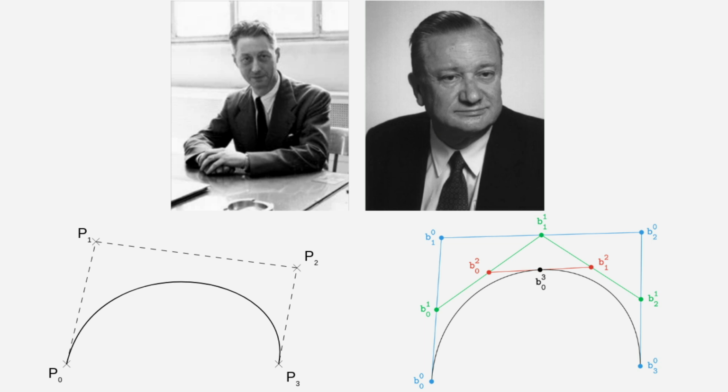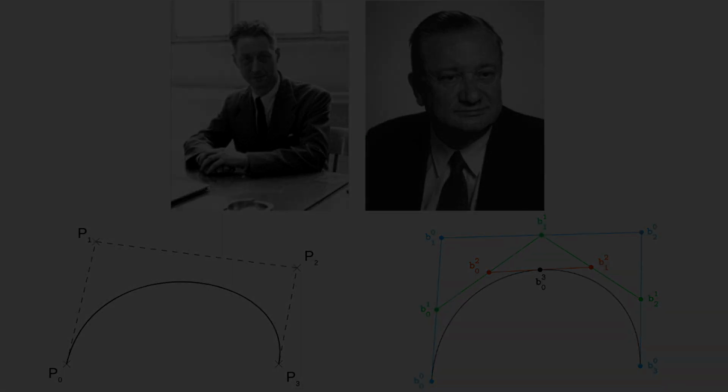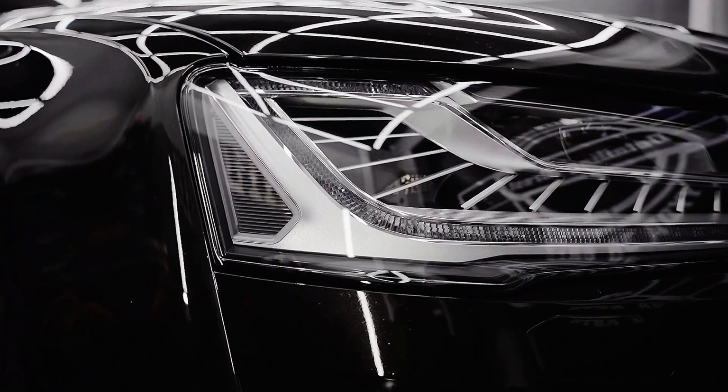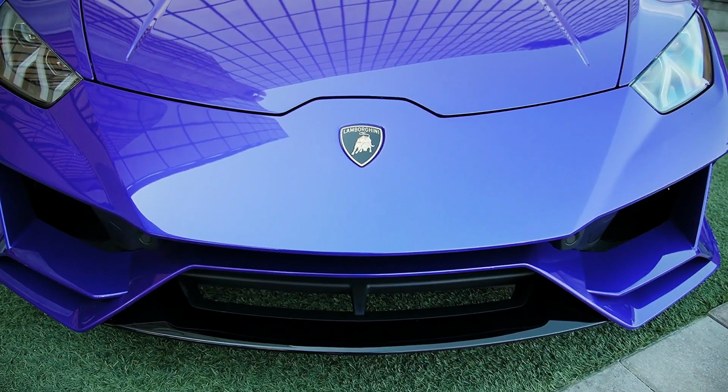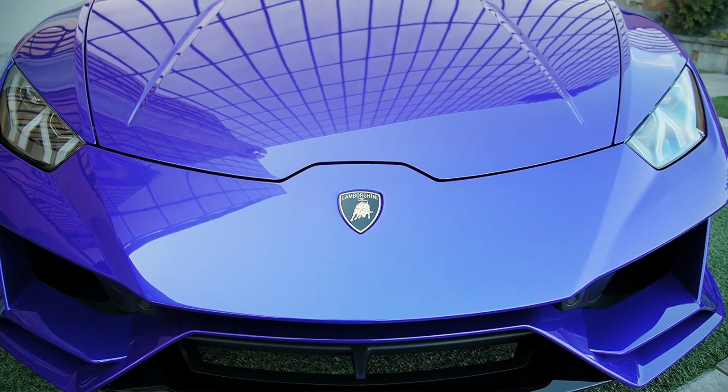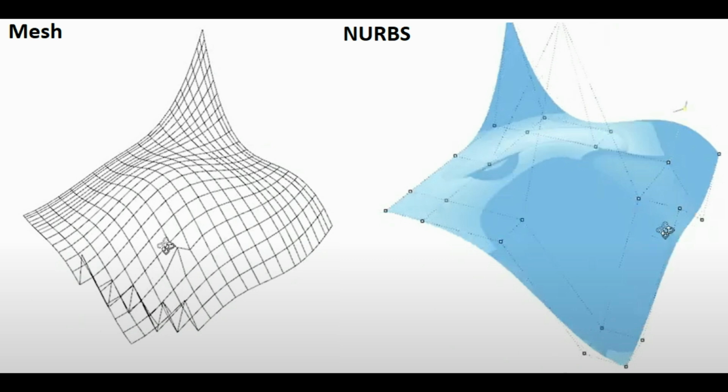You might already recognize the name Bézier from Bézier curves in programs like Photoshop or Rhinoceros. De Casteljau's name is not so familiar, but we will go through a very important algorithm that bears his name. The end of the 1980s and the beginning of the 1990s introduced commercially available CAD packages with NURBS geometry inside.